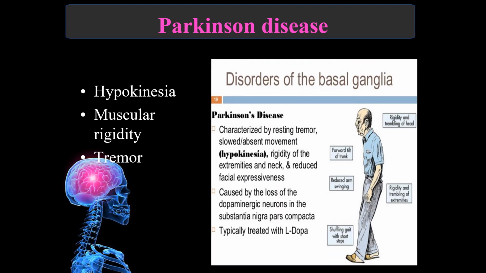In brief about Parkinson's disease: it is another type of neurodegenerative disease. The basis of Parkinson's disease is a partial insufficiency of the dopaminergic system of the brain. When the black substance is damaged, dopamine synthesis is impaired.